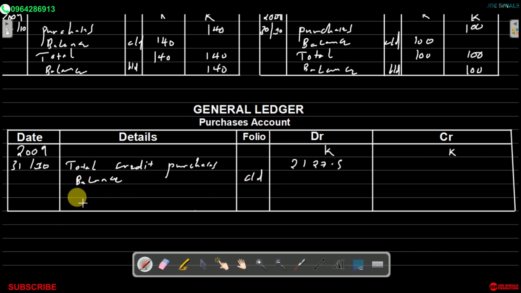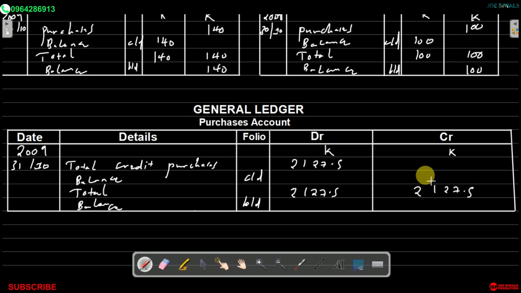So we can find the balance carried down, we can find our total, we can find the balance brought down. So our total there means that we're going to have 2,127.5 on the debit side, 2,127.5 on the credit side.